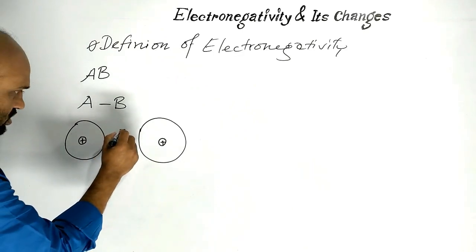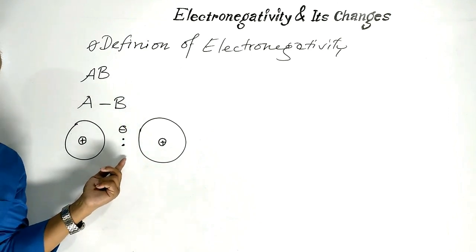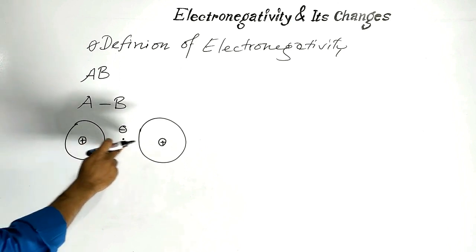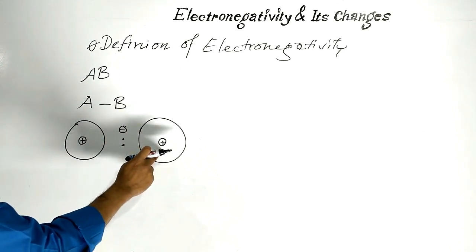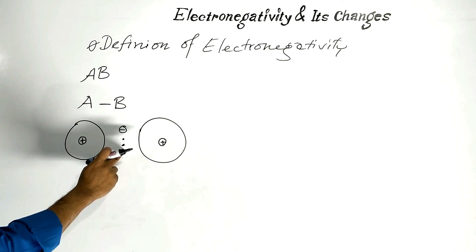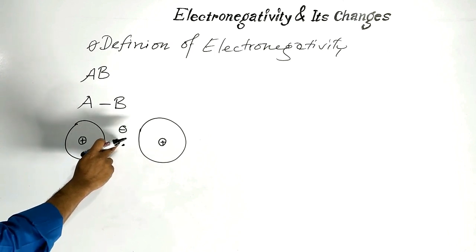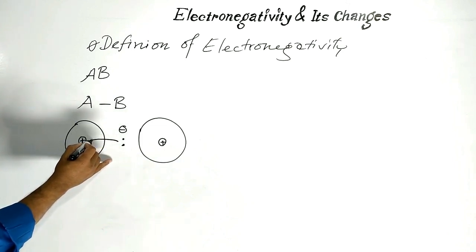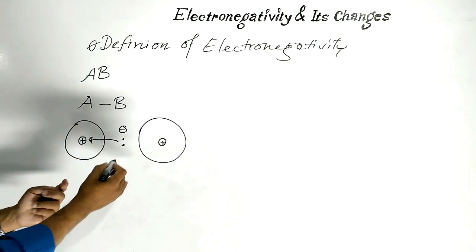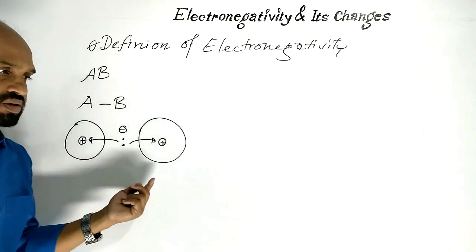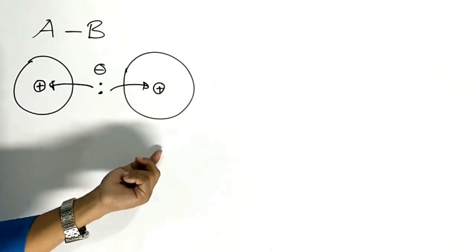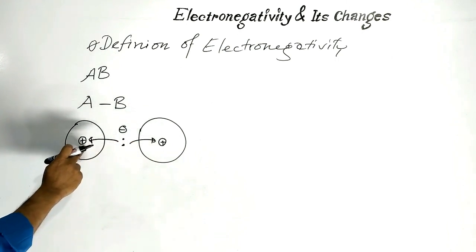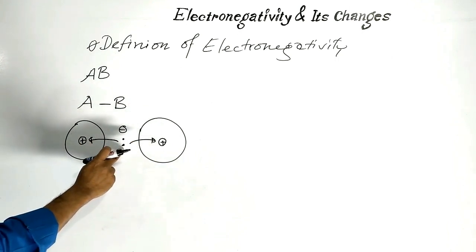Here, electrons are negatively charged, and the nuclei are positively charged. These covalently bonded electrons will be attracted by both the atoms, especially both the nuclei, because the nucleus is positively charged and the electron is negatively charged.